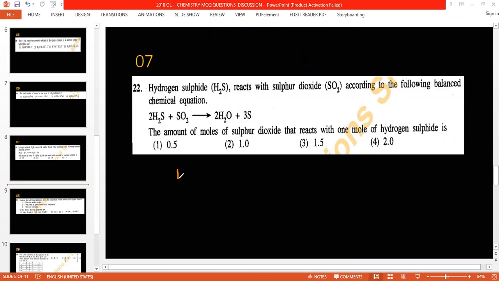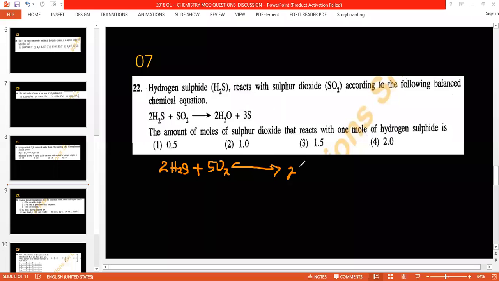Right. 2H2S, sorry, H2S reacts with sulfur dioxide and it forms 2H2O plus 3S, 3 sulfur.